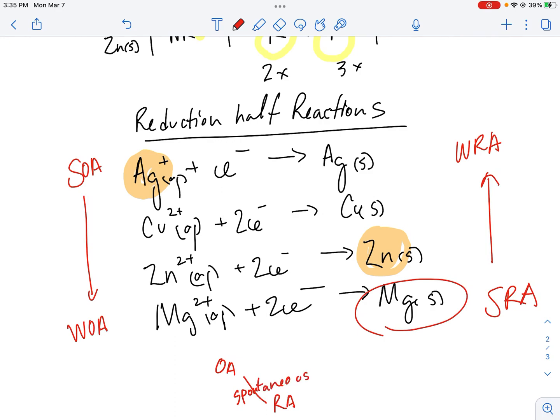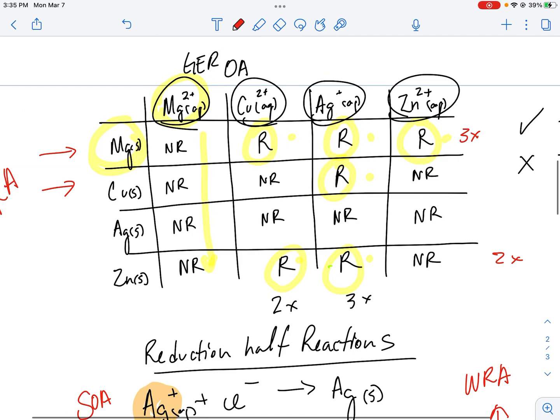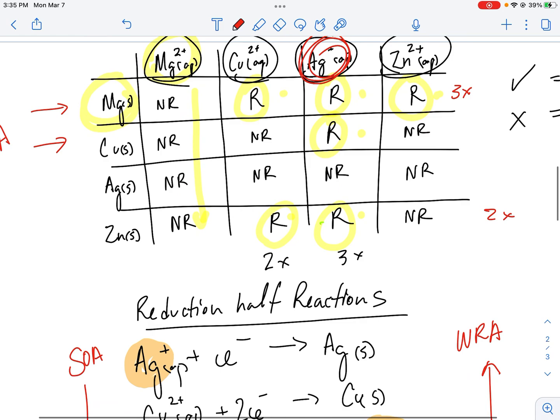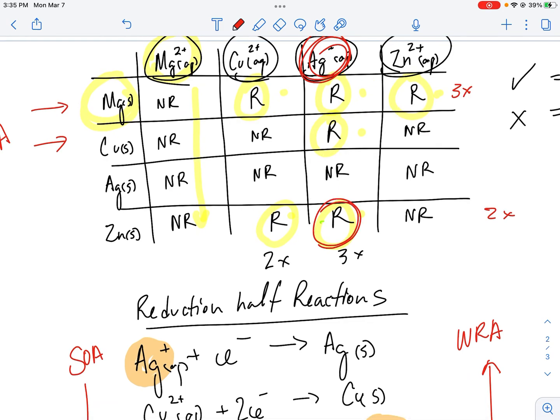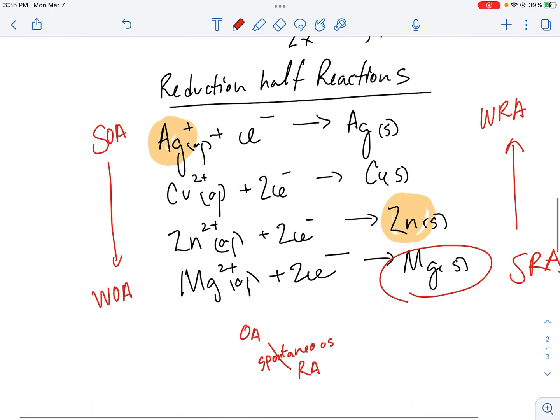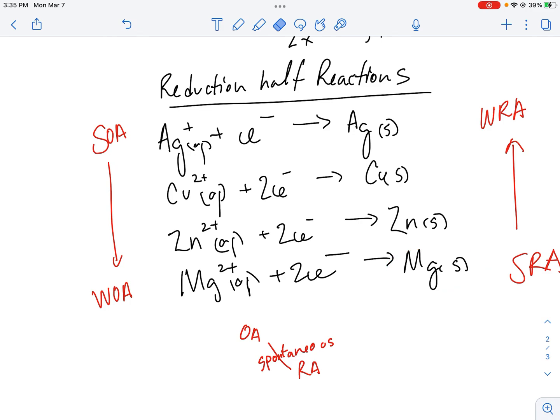So if I go back to my data, did my silver ion react spontaneously with my zinc solid? Yeah, that's a spontaneous reaction. And so when I have a full table, I'll be able to decide whether a reaction is spontaneous or non-spontaneous.